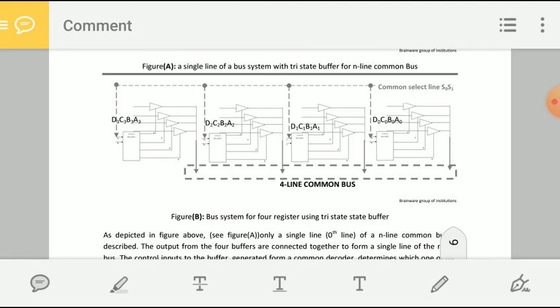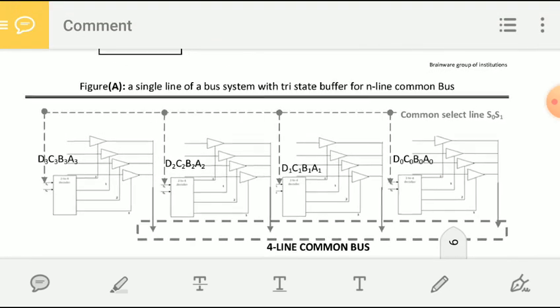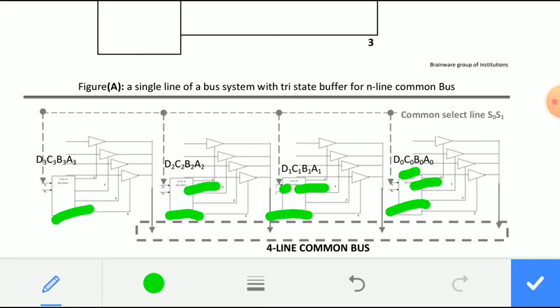See this diagram. Here are decoder 1, decoder 2, decoder 3, decoder 4, and A0, B0, C0, D0, A1, B1, C1, D1, A2, B2, C2, D2, A3, B3, C3, D3. When all are 0 0, A0 will be transferred, A1, A2, and A3 will be transferred.